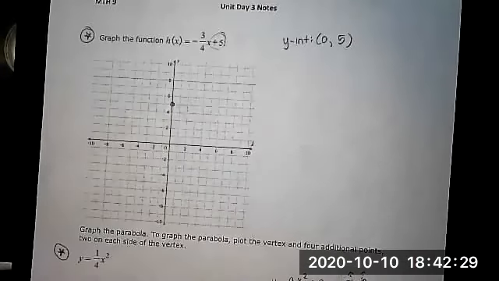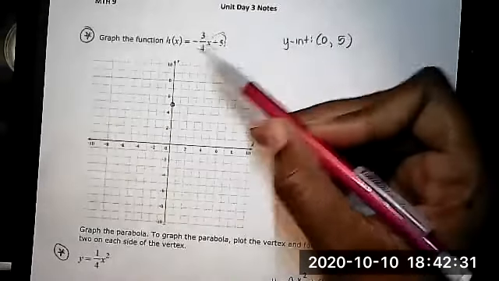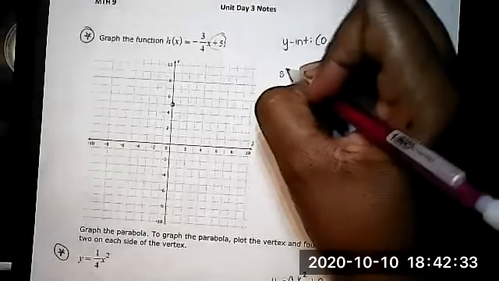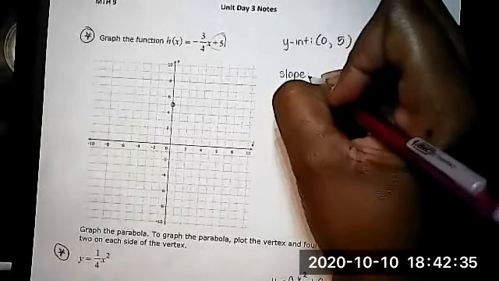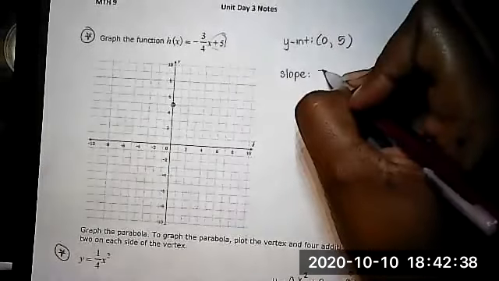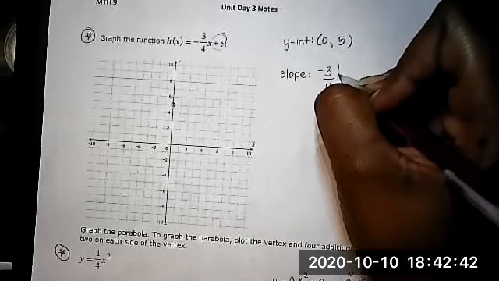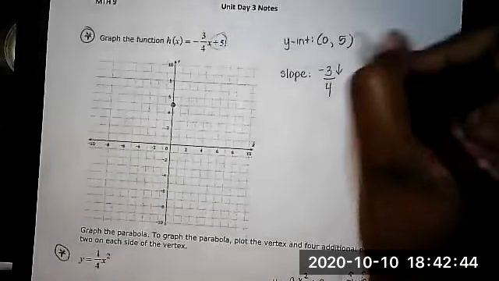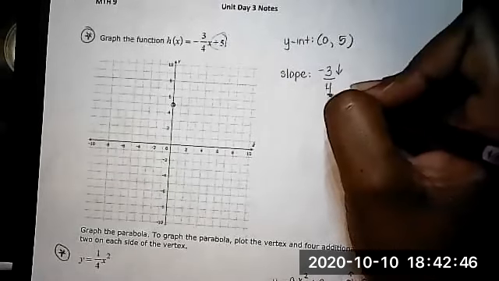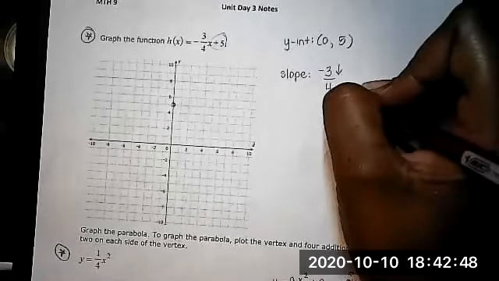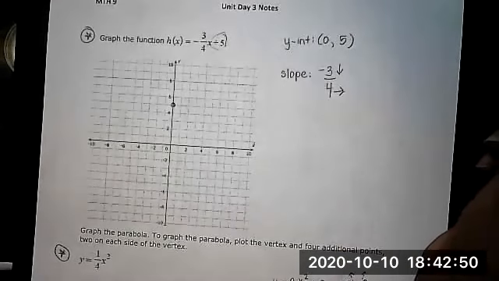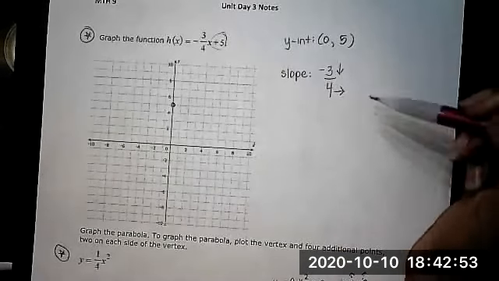Now we're using this as our slope. Our slope looks like it's negative 3 over 4. So it's down 3. The top number is always up or down, and the bottom number is always right or left. In this case, it's right 4. Down 3, right 4.